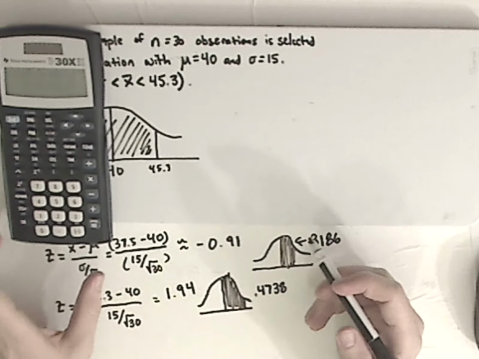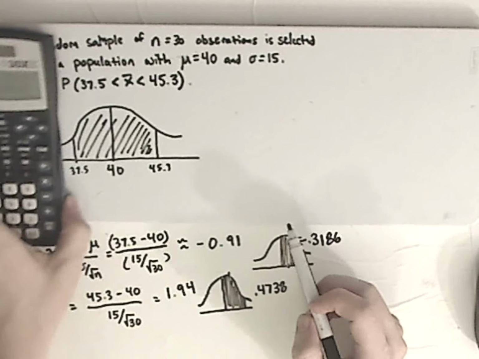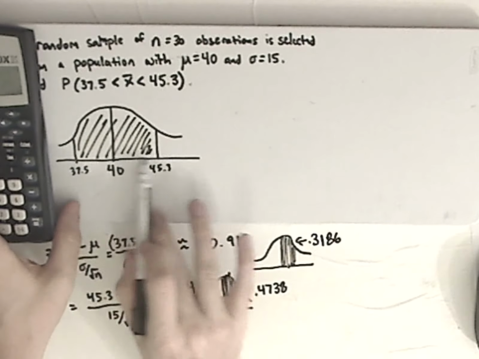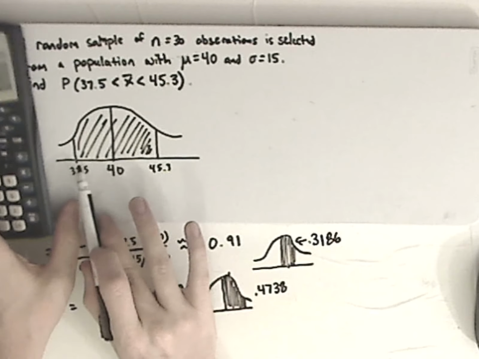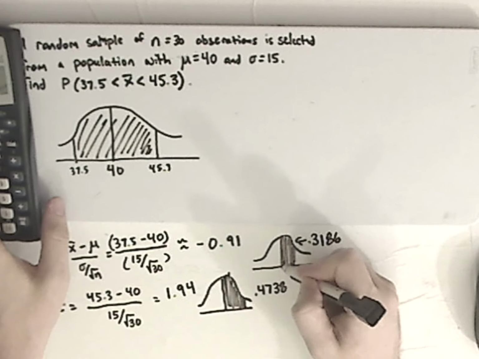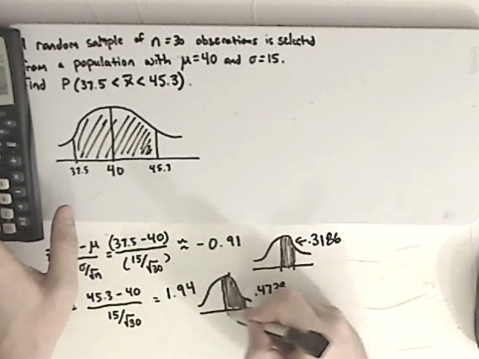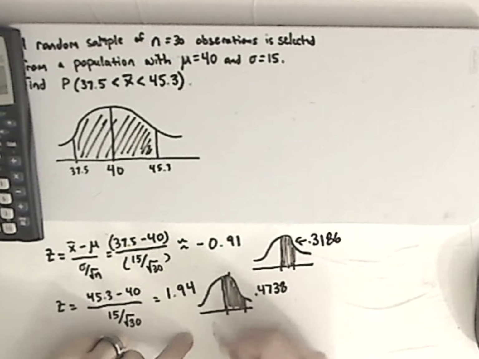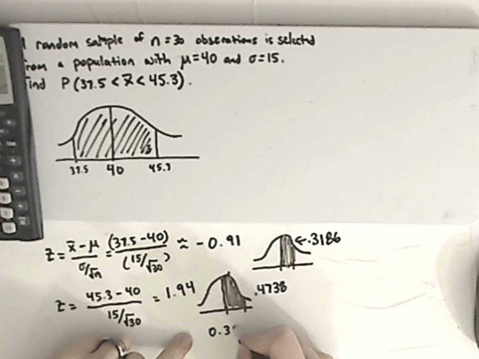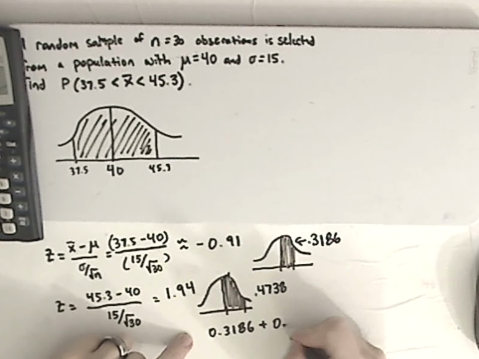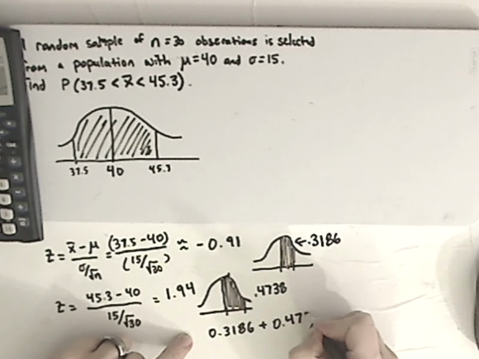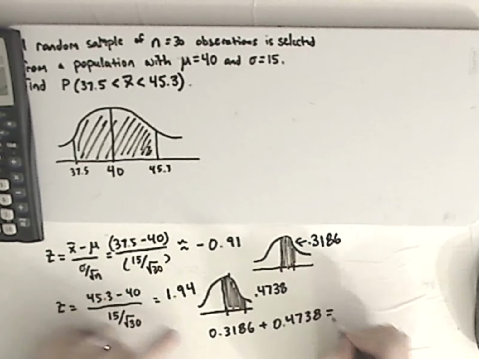Now, what is the probability? Well, it's from here to here and then from here to here. So based upon the pictures, you would add these up. It would be 0.3186 plus 0.4738.